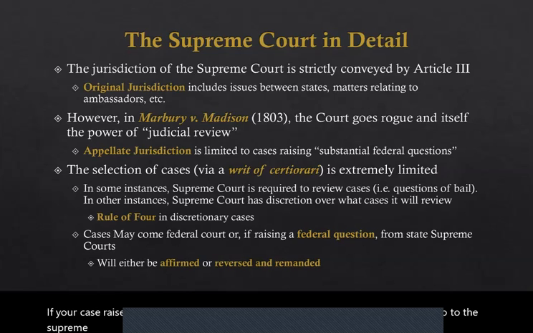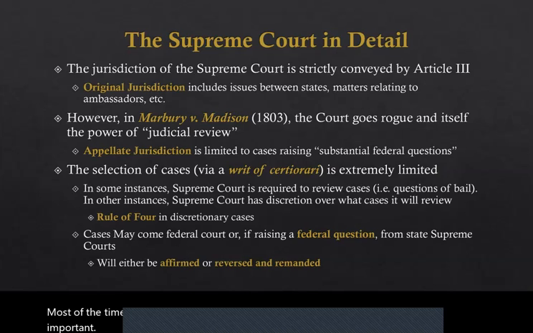Now, the Supreme Court gets a lot of petitions for certiorari every year. We're going to look at a slide in a minute to show you just how many they get versus how much they take. Most of the time, you're not going to get them to hear a case unless it's really, really important.